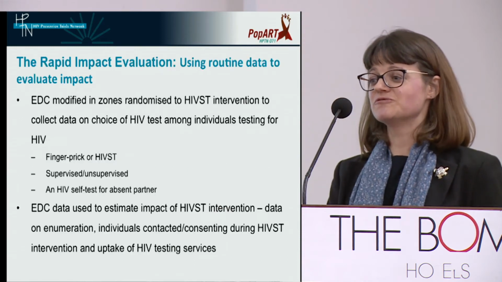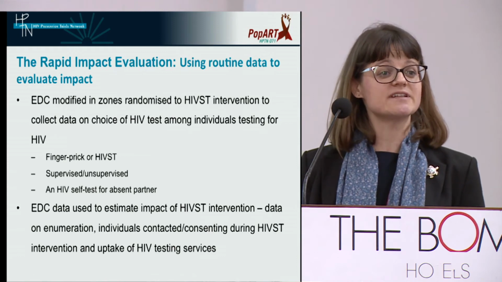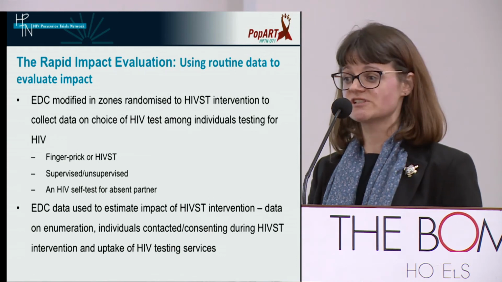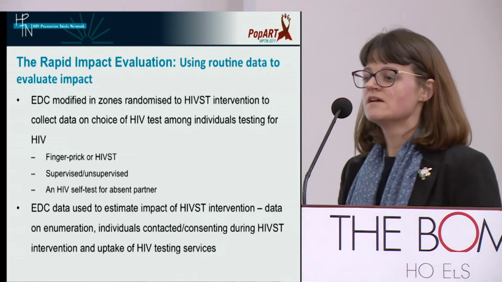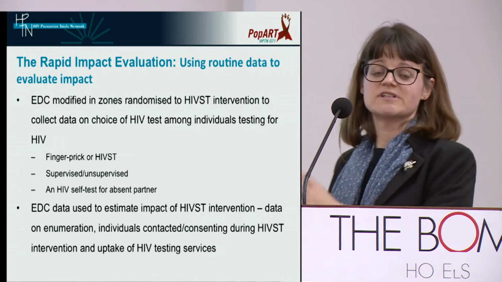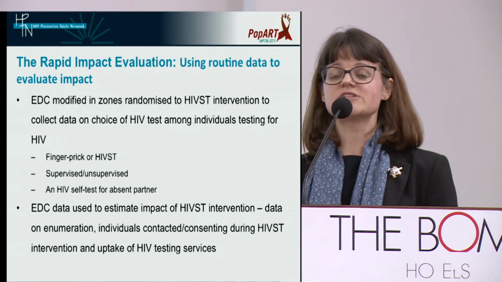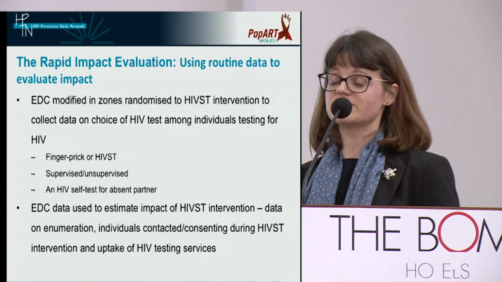As I'm sure you've realized, the data we're going to use to evaluate this is the data routinely collected as part of the PopART intervention, so the EDC data, the data from the CHIPS EDC. In the zones where the HIV self-testing is being done, those blue zones I showed you, the CHIPS EDC has been modified to allow them to collect data specifically on HIV self-testing.